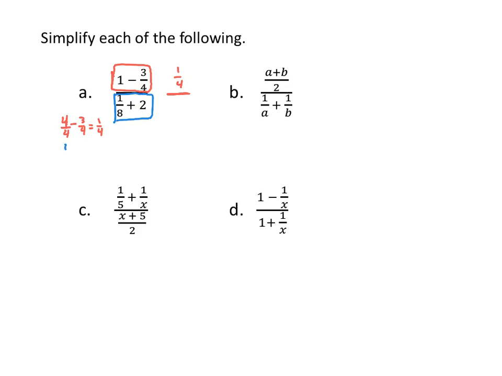Now, when I do 1/8 plus 2, I'm not going to write 2 and 1/8. Okay? If you do write 2 and 1/8, then use what you know to make that into an improper fraction. 2 times 8, 16, plus 1, 17, 17/8. Or you could make this 2 into 2 over 1, get a common denominator, multiply by 8 over 8. So that's 16 over 8 plus 1 over 8 is 17 over 8.